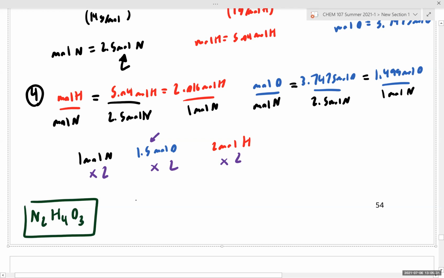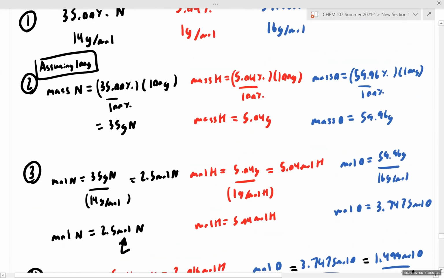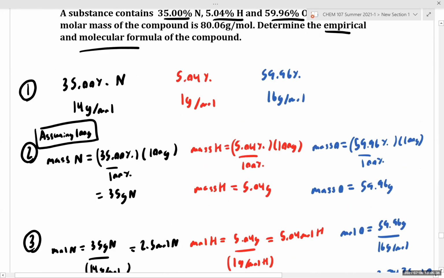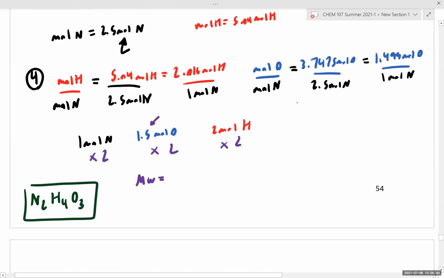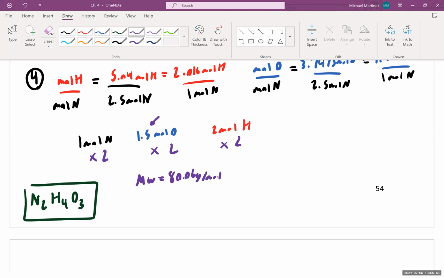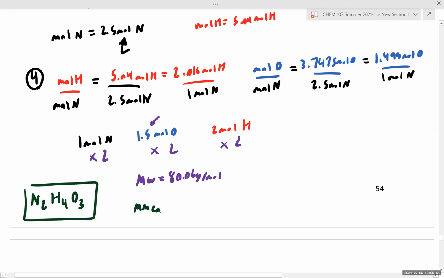Okay. We know our molecular weight in this case is 80.06 gram per mole. And let's look at the empirical formula.